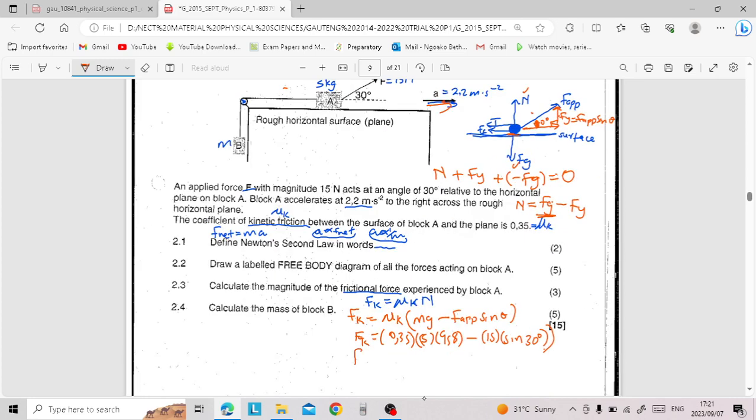Now Fk, we need to calculate that. Let's put that in a calculator. 0.35 into, open bracket, 5 multiplied by 9.8 minus 15 multiplied by sine 30 degrees.